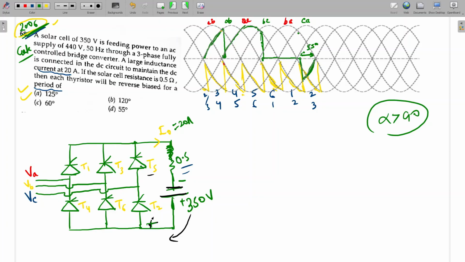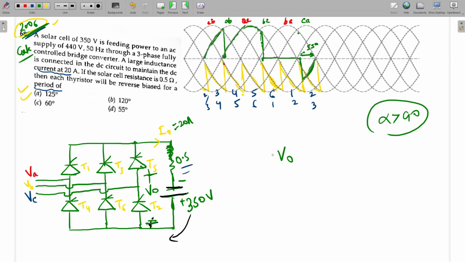So from this condition, we can calculate the value of alpha first. Let's say this is plus minus V naught. So V naught we can calculate. What will be the V naught value? What is the current? 20 ampere.